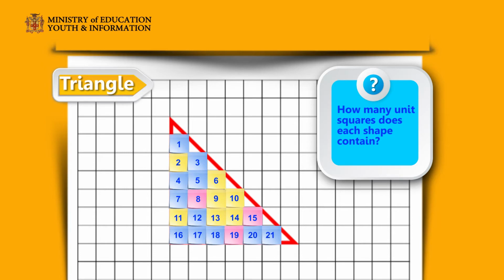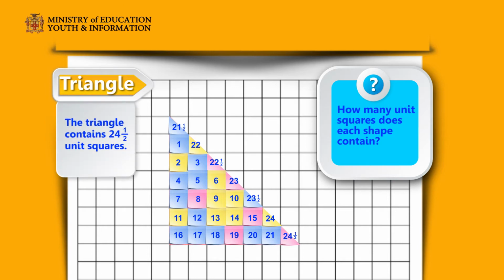Now for the halves. So that's 21 and a half, 22, 22 and a half, 23, 23 and a half, 24, 24 and a half. So that's 24 and a half unit squares for the triangle.